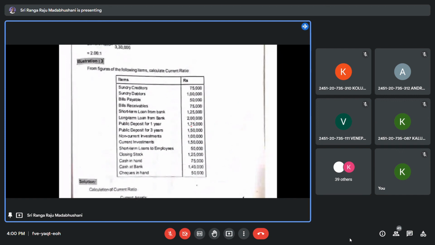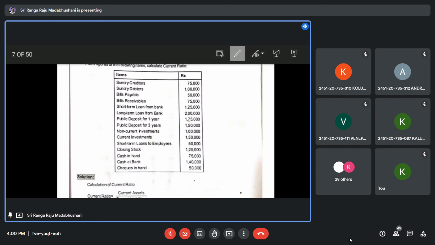Then in this, before I spell it out, tell yourself whether it's a current asset or current liability. Sundry creditors, current liability. Sundry debtors, current assets. Bills payable, current liability. Bills receivable, current assets. Short-term loans from bank, current liability. Long term is long term, non-current is non-current.